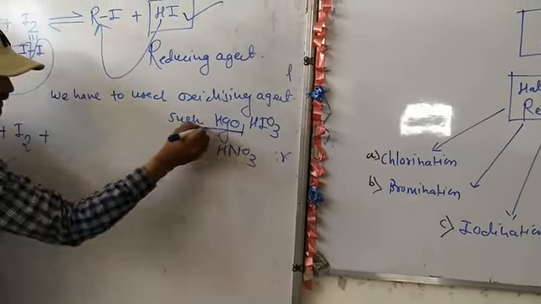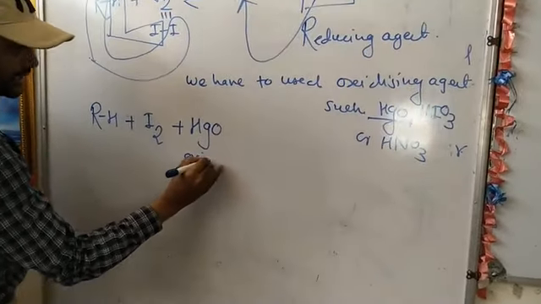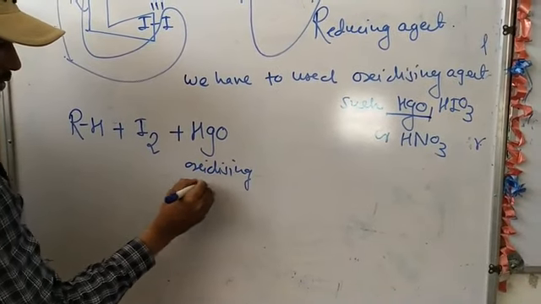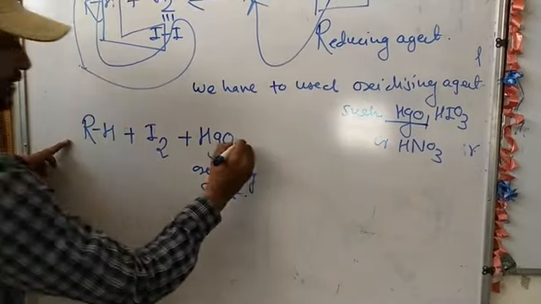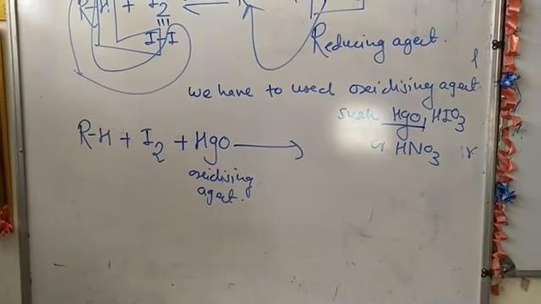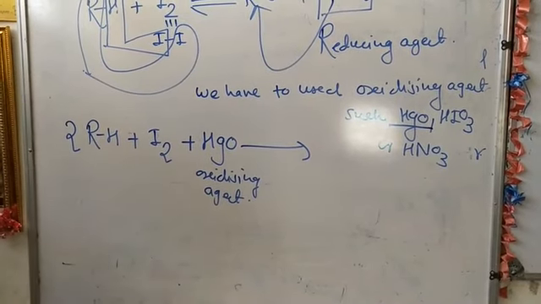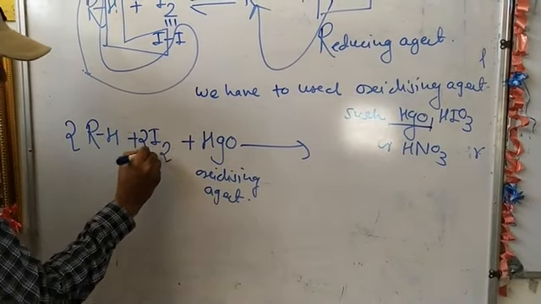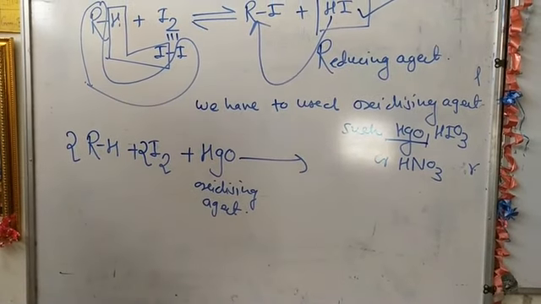We use this HgO. This is an oxidizing agent. So what is the product formed? Taking alkane 2 times, iodine 2 times, and 1 mole of HgO during this reaction.